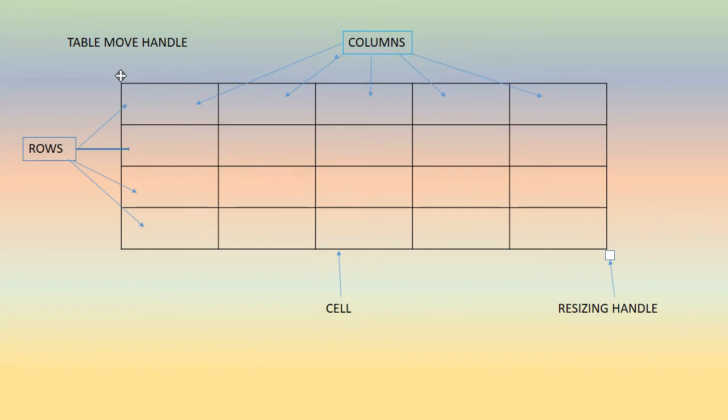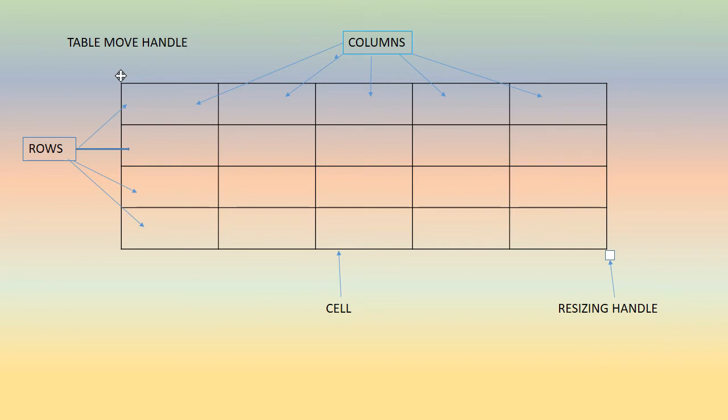These are the various parts of the table. How many columns were selected? 5 columns, 4 rows. So in the same way it is 5 columns and 4 rows. And then I will show you which are the rows.